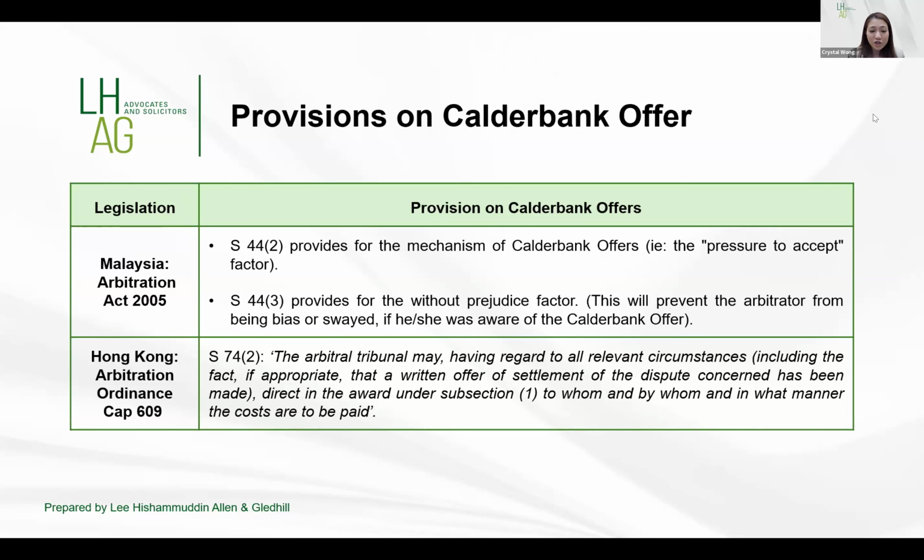If the offer is rejected and the outcome of the arbitral proceeding is not more favorable to the party that should have accepted the offer in the first place, then that party will have to bear the costs of the offer from the date of the offer. Therefore, parties will be encouraged to consider carefully if they're confident they can get a higher monetary outcome in the arbitration proceeding itself.